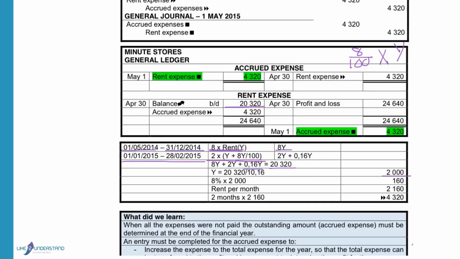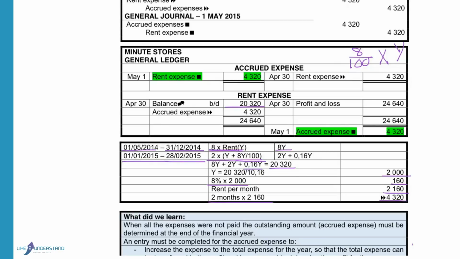So on that 2,000, there was an 8% increase that will give you 160 Rand. So the rent per month is 2,160. The amount that we owe at the end of the year is 2 months times 2,160, so we still have to pay 4,320.